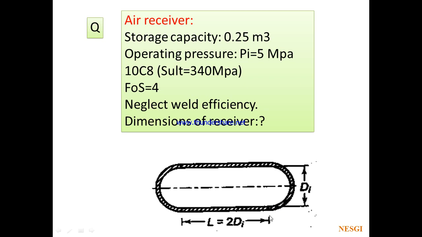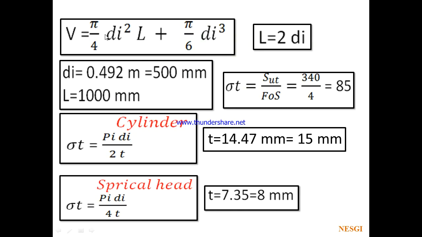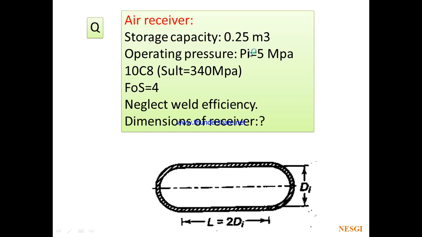One sphere plus one cylinder. Total volume capacity is given by one cylinder plus one sphere. That's why volume is given by pi by 4 into Di square into L. So this is the volume of cylinder. Next, volume of the sphere is given by pi by 6 into Di cube.